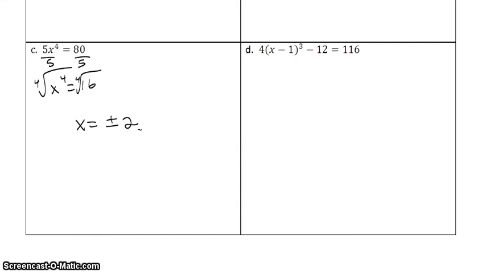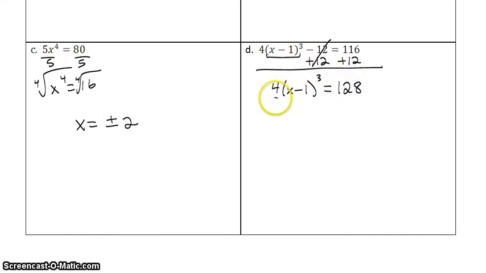I'm going to go through D because this one is a little bit more tricky, but again, we've got to get the quote variable by itself before I can take a cube root. So in this situation, this whole thing, x minus 1 cubed, counts as the quote variable. So I'm going to use normal equation solving skills, which means you usually are doing order of operations backwards. So first I'm trying to add over that 12 to get rid of it. 116 plus 12 is 128.